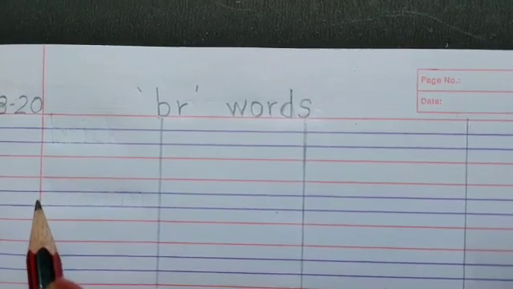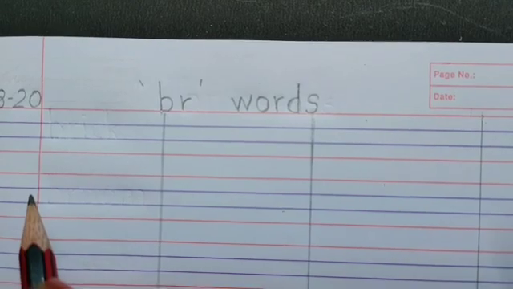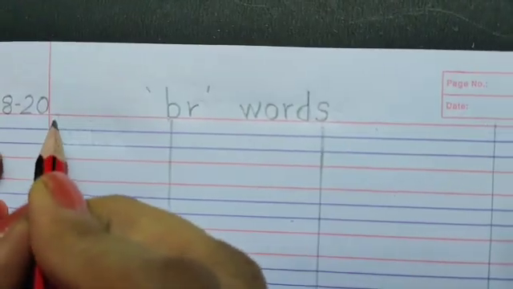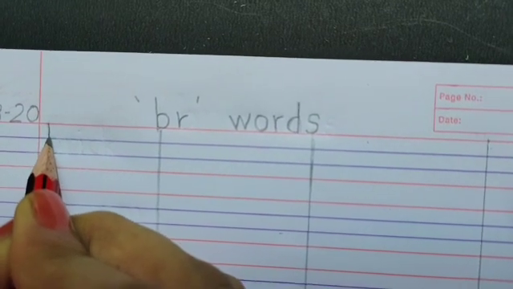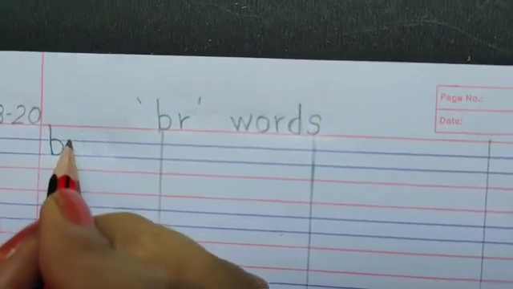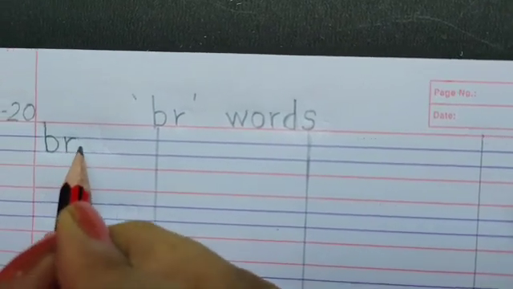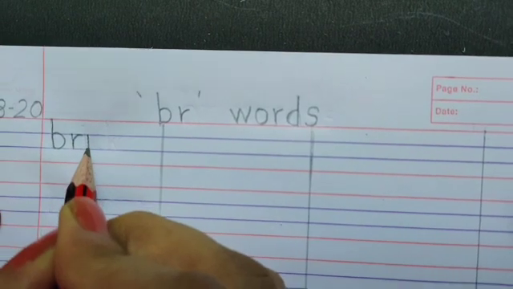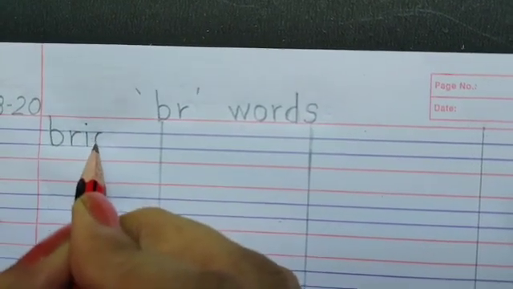brick, brick. B-R-I-C-K, brick. Start from the red line, come down to the blue line, go up and curve blue line to blue line. B, down, up and curve blue line to blue line. R, down and a dot. I, blue line to blue line, curve.